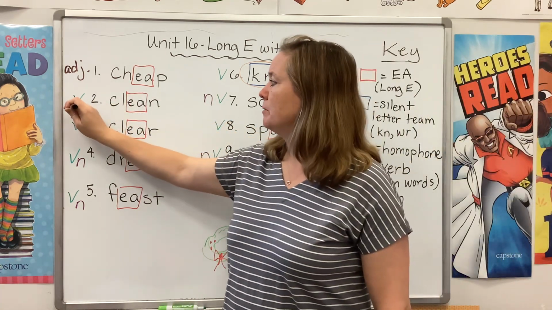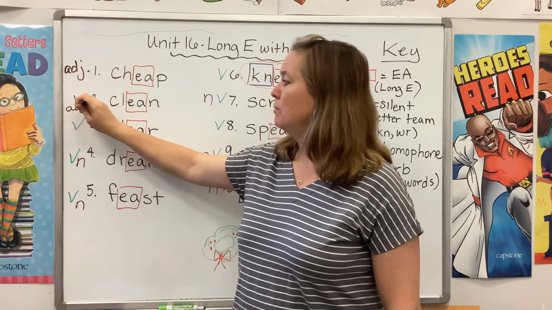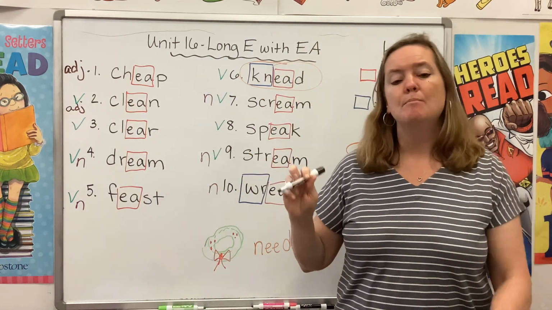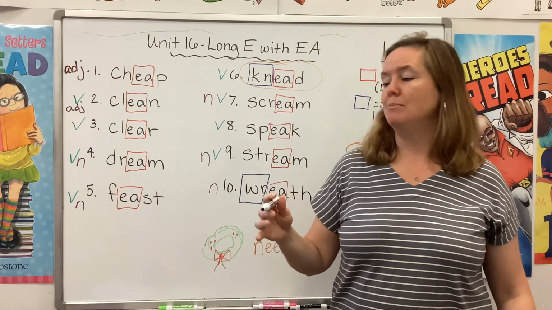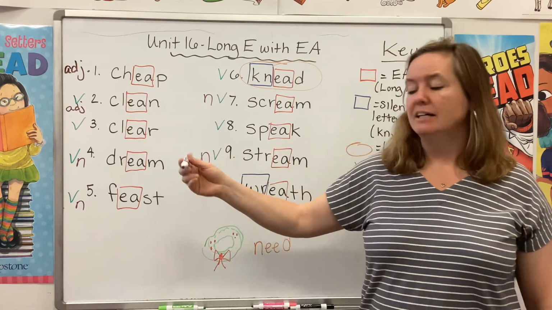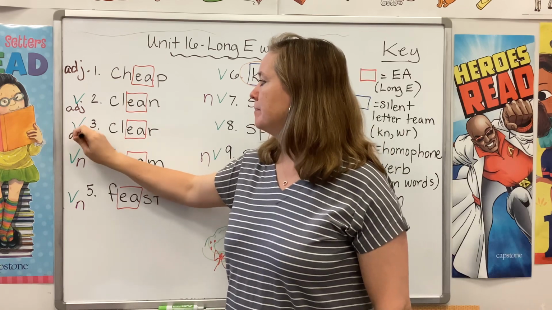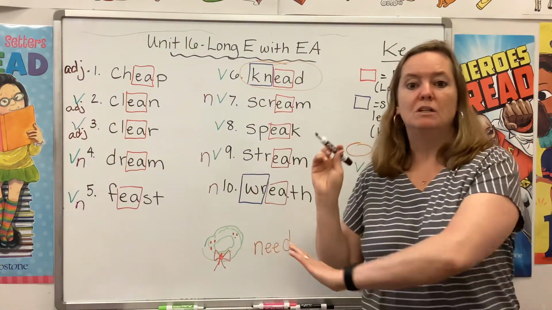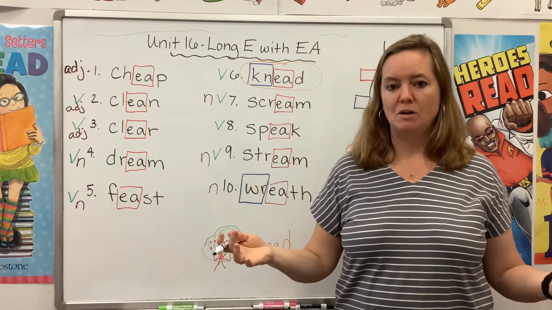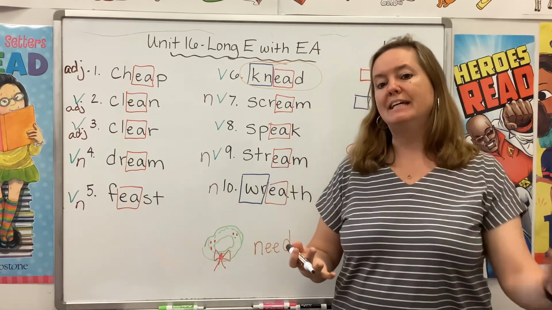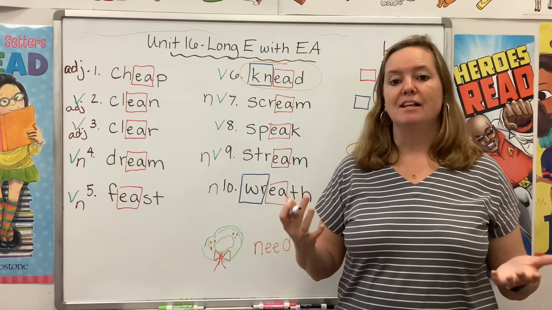Clean is also an adjective, right? I know that we can clean, but once we do that, then our room is clean. Now we're describing it. Clear, same thing. Once you clear the driveway, it is clear. There's no more snow on it. Once you clear your calendar, it is clear.